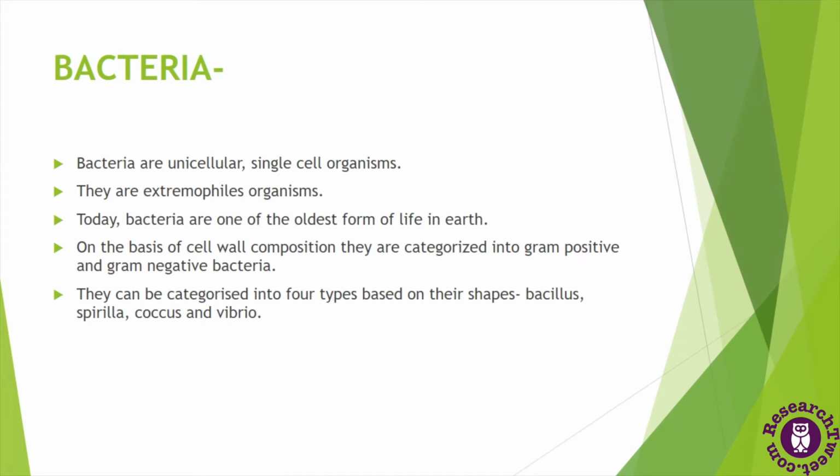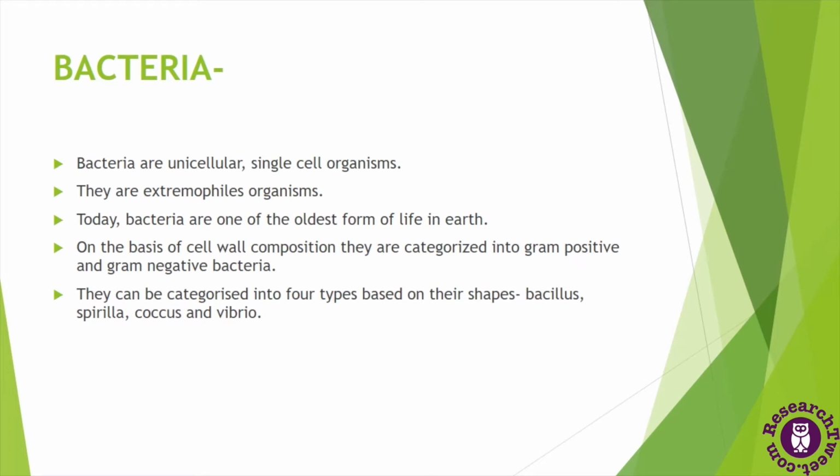Bacteria are considered prokaryotic organisms because they do not have a well-defined nucleus, and they also lack several cytoplasmic organelles. On the basis of cell wall composition, bacteria are categorized into two types, named gram-positive bacteria and gram-negative bacteria. Bacteria also vary in their shape, size, and morphology.